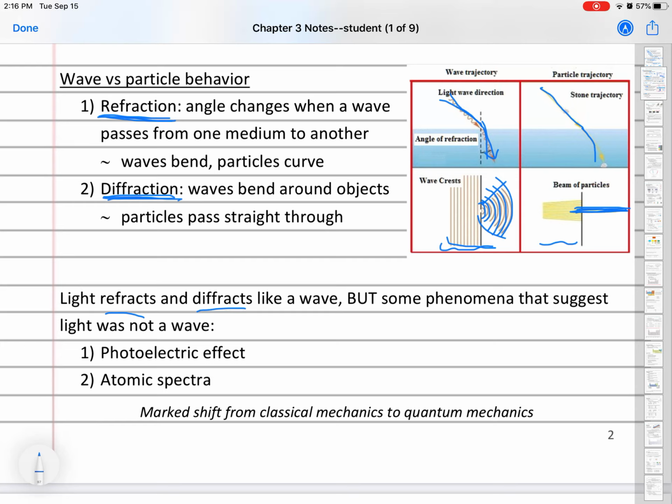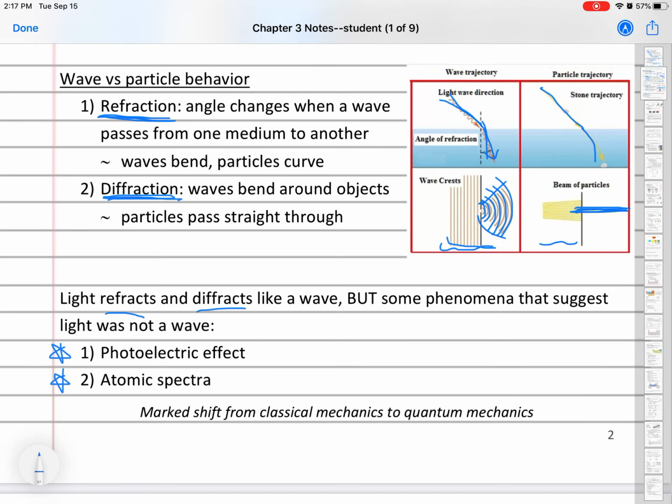But it does have a couple of odd behaviors that suggested that actually maybe light isn't a wave. And these two phenomena, there's actually three, but I'm only going to tell you about two of them, are the photoelectric effect and the atomic spectra. If you're really curious, the black body effect is the third one, but it's too much physics for me to get into.